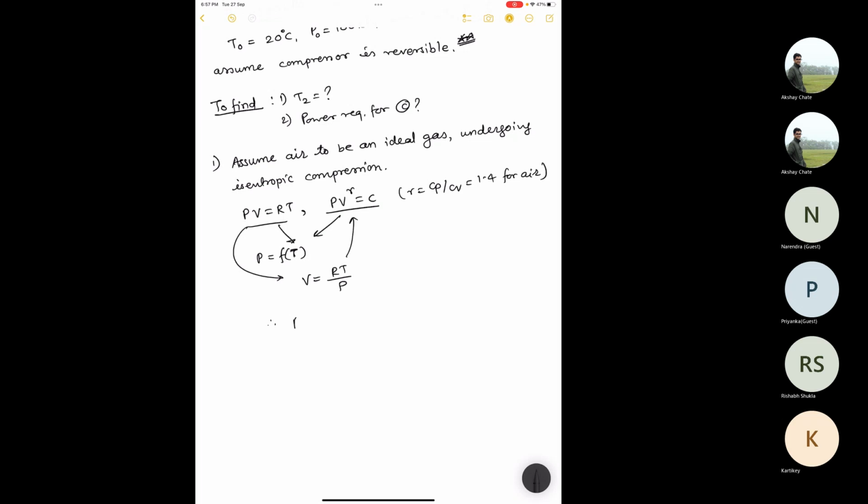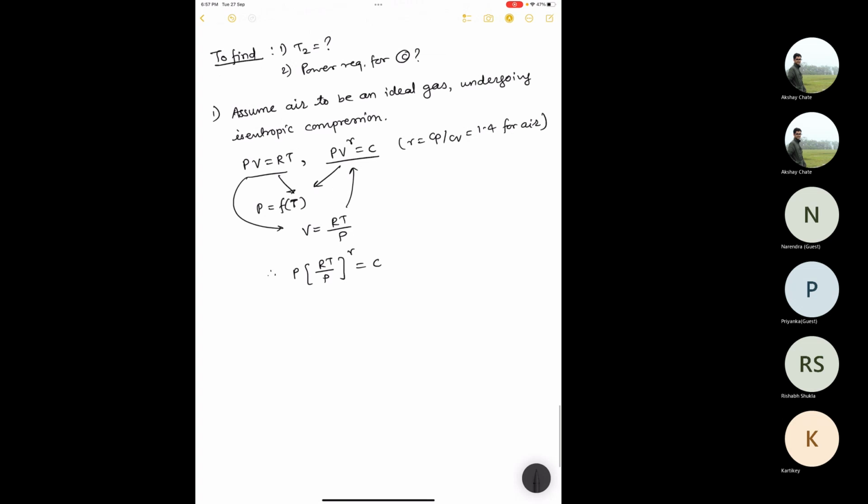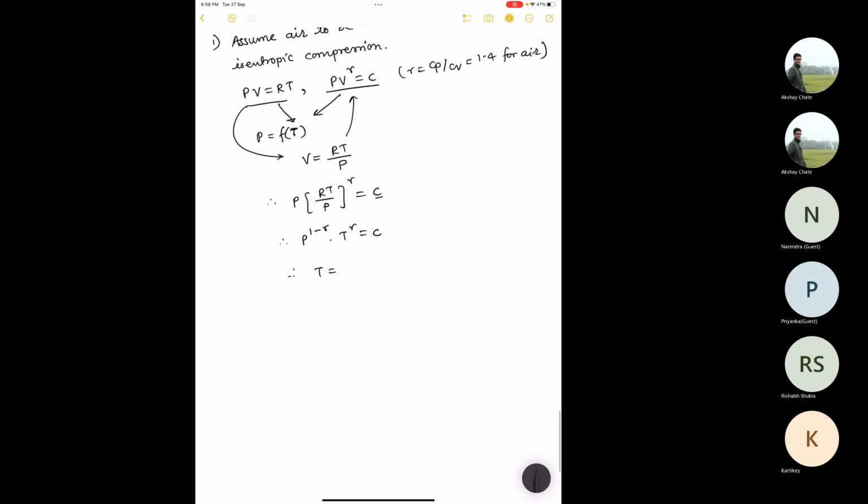Therefore you will get P into (RT by P) to the power gamma equal to C. R is a constant, so that will also go into this C. So essentially you'll end up with P^(1 minus gamma) into T^gamma equal to C. So basically your T will be C divided by P^(1 minus gamma), and the whole thing raised to 1 by gamma, because we have T^gamma here.